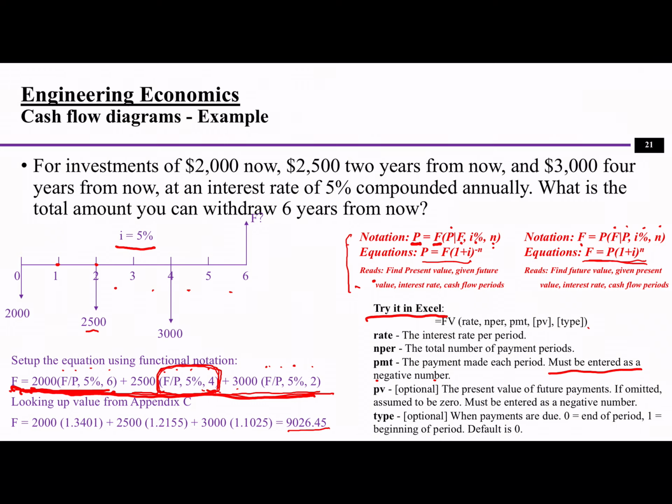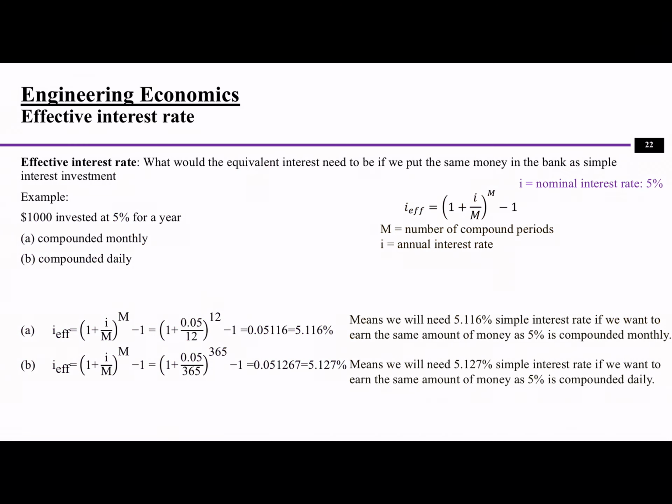As long as you have, for example, the 5% interest rate and how many years, you can check on a table and find out what this part of the value is. I also attach the link of the table at the end of this lecture. You can use that link to find out the values. Of course, another way is to use Excel, right?